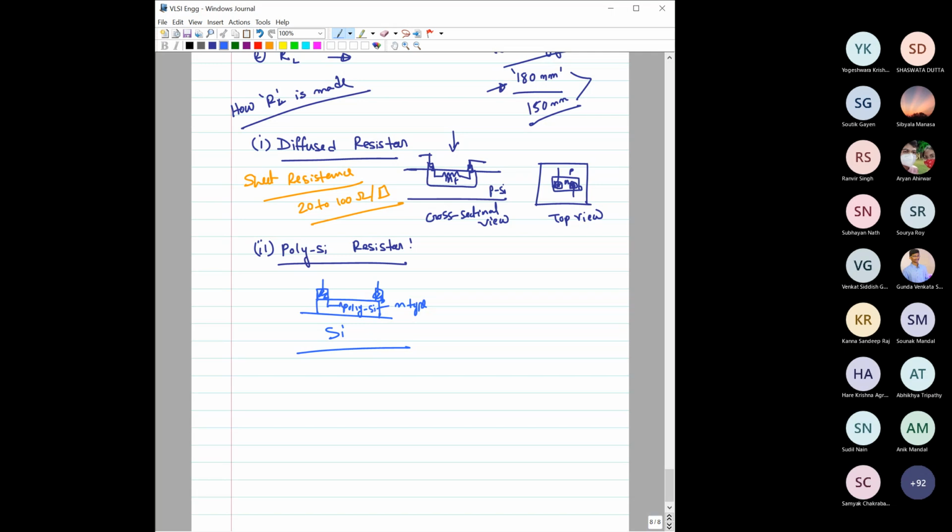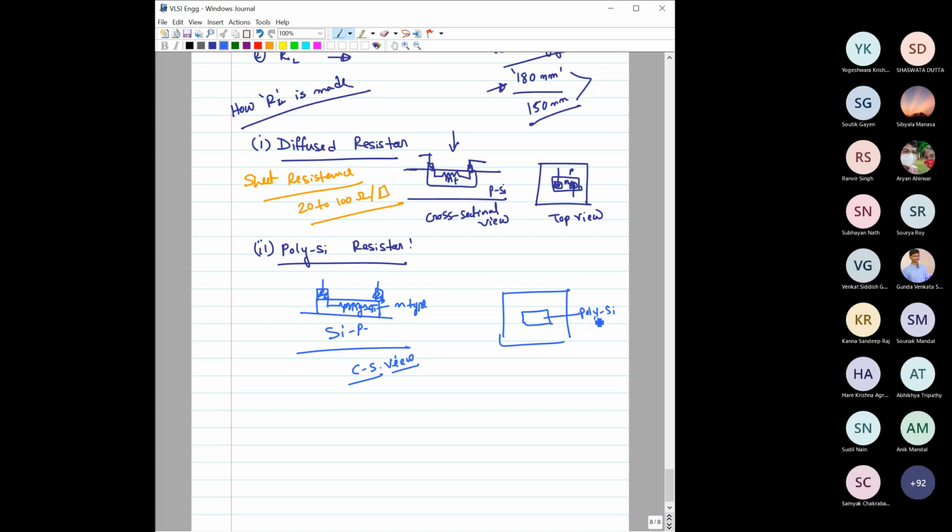That is basically a resistance, and maybe this is P silicon. Again, this is the cross-sectional view. If you see the top view, it would look something like this. This is the poly part, polysilicon.